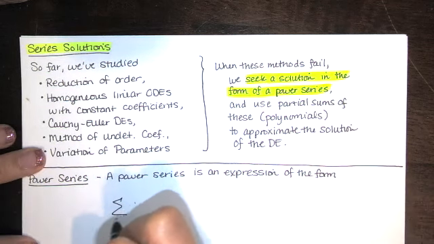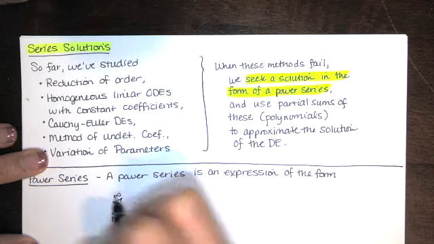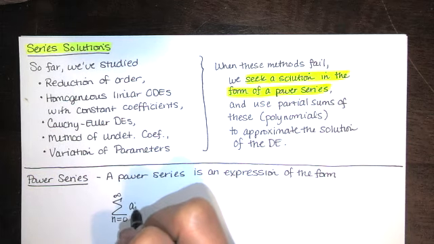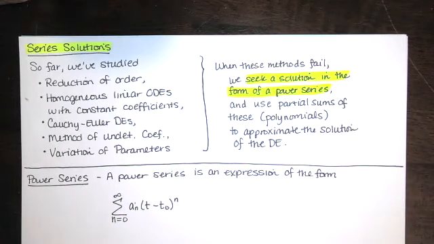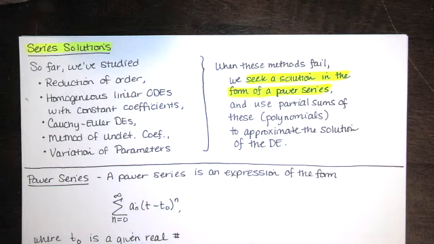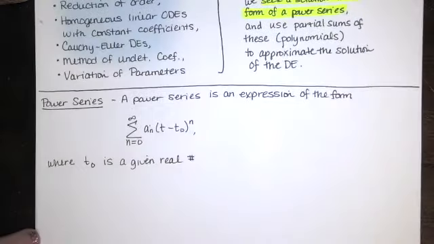We have the sum, as n goes from 0 to infinity, of a sub n times t minus t naught raised to the n. Now, t naught is a given real number. We typically call that the center of our series.